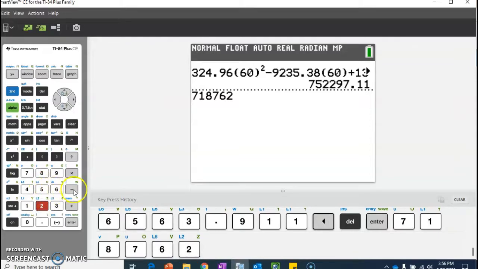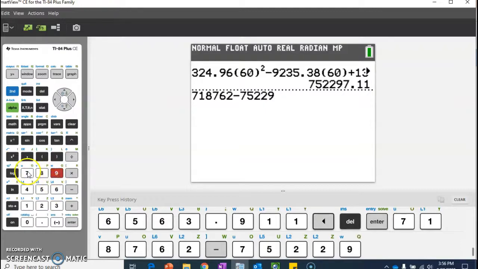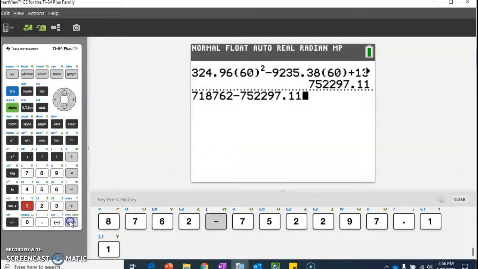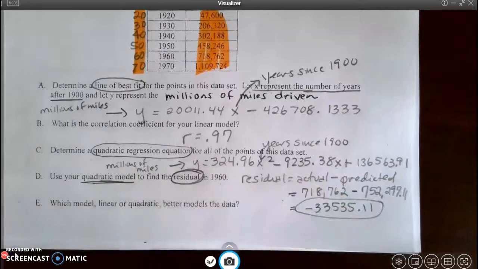That was my actual value in 1960. And I'm going to subtract the 752,297.11. And that is going to be my residual. And I got negative 33,535.11. That is my residual for the year 1960.